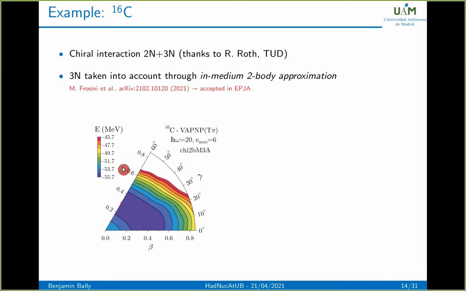And it's because when you stay at the mean-field, or even VAP level, you miss a lot of correlations, such that this kind of absolute observable can be very far away from the experimental values. But it might be that the relative properties, for example the deformation, can be relatively well described.